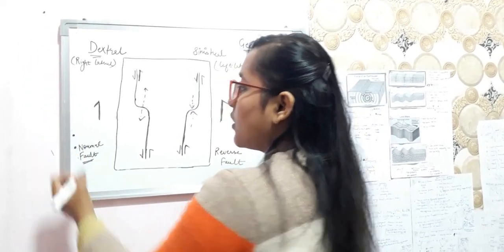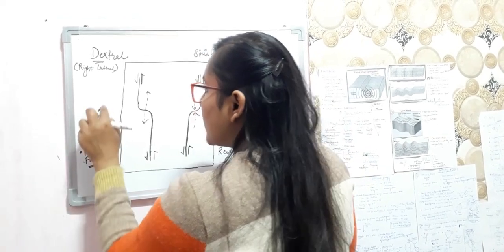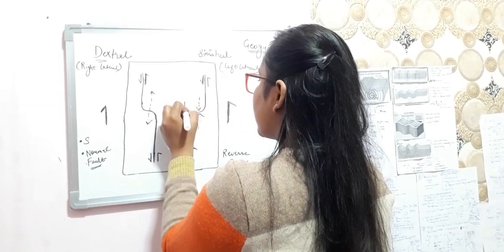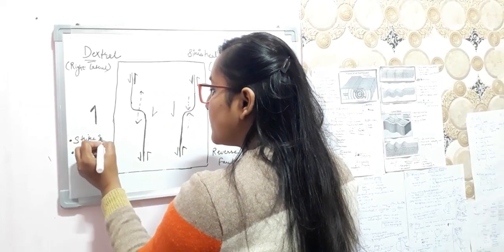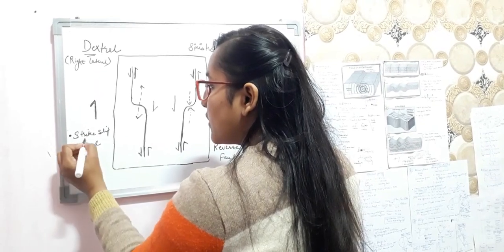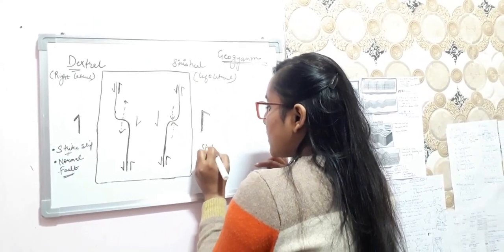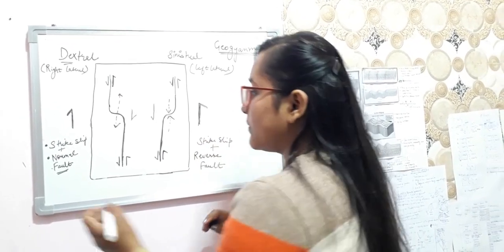So there are two kinds of fault present here. One is the strike slip, this one, and normal fault, and here also strike slip plus reverse fault.